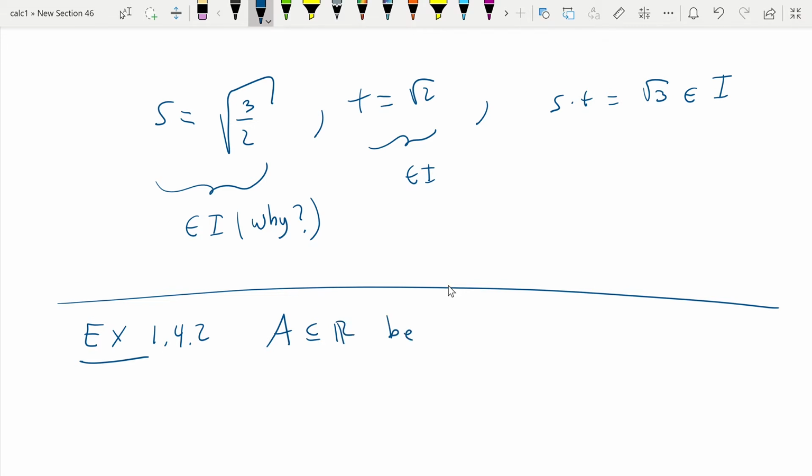Let A be a subset of R, non-empty. Very important: non-empty and bounded above.